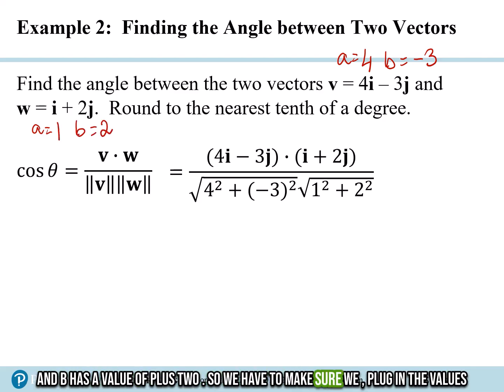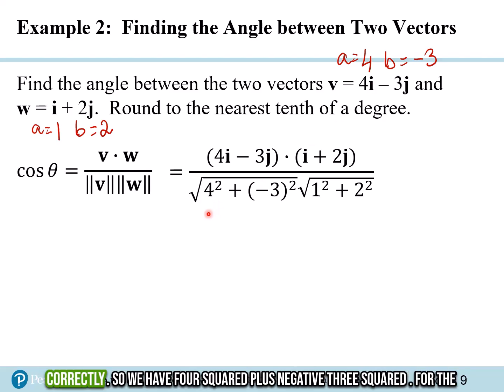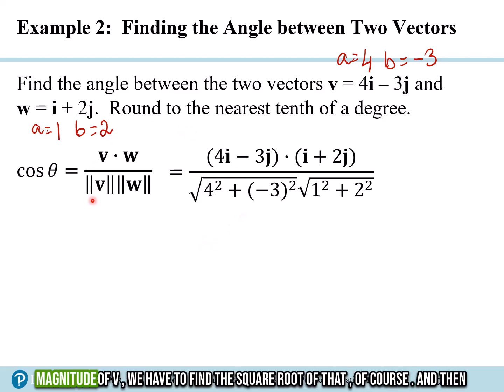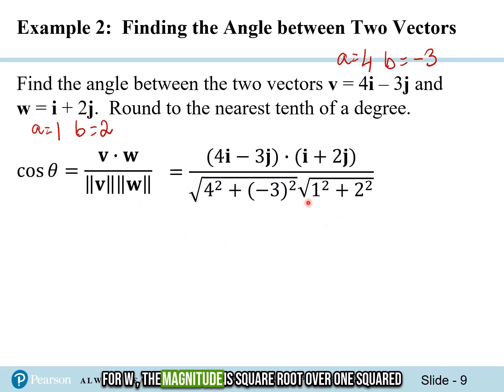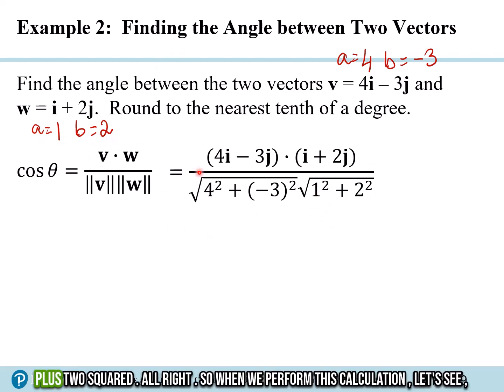So we have to make sure we plug in the values correctly. So we have 4 squared plus negative 3 squared for the magnitude of v. We have to find the square root of that, of course. And then for w, the magnitude is the square root of 1 squared plus 2 squared.